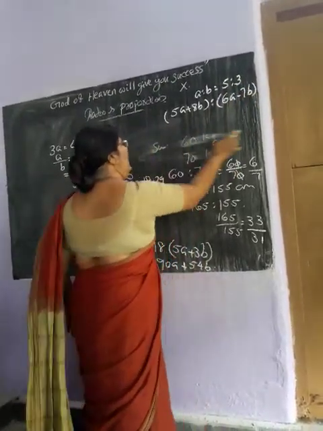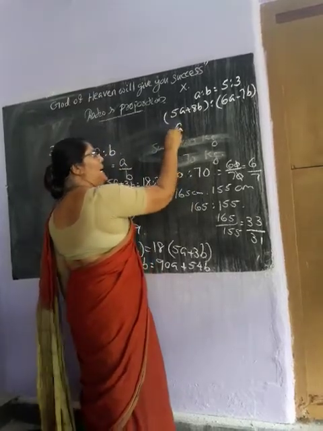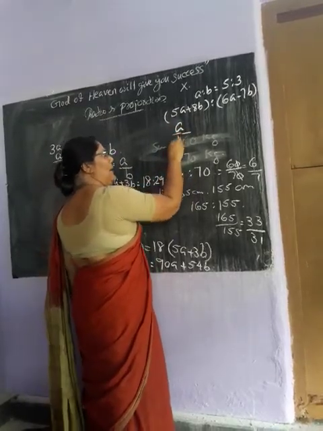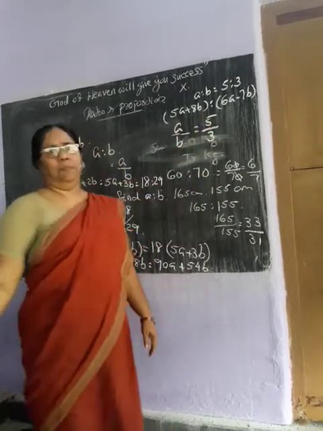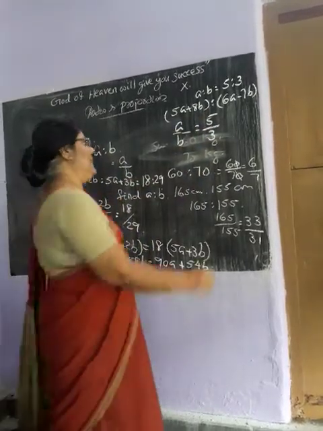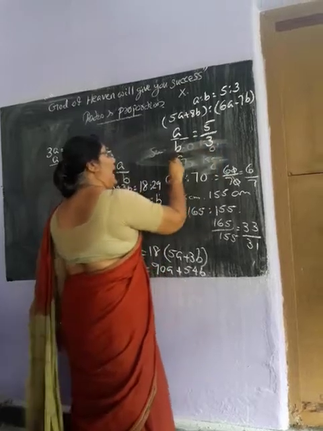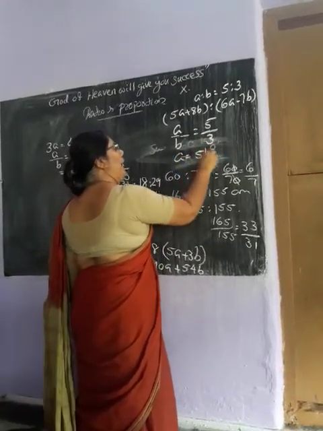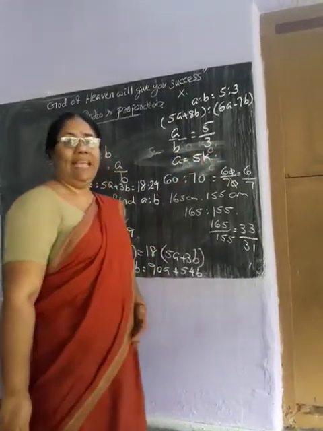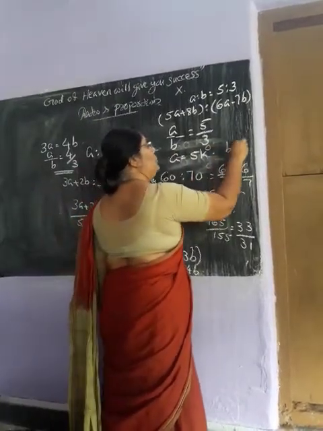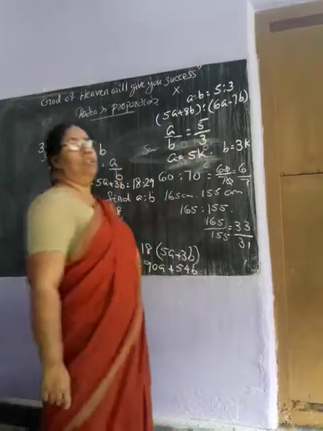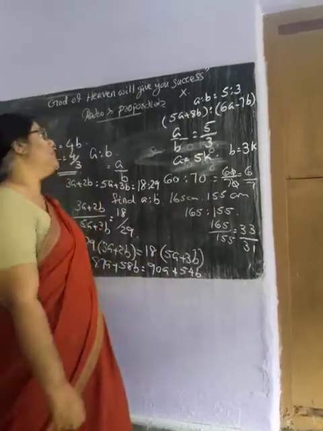Here what is given? A is to b equal to 5 by 3. Now we can take it as a is equal to 5k and b is equal to 3k.